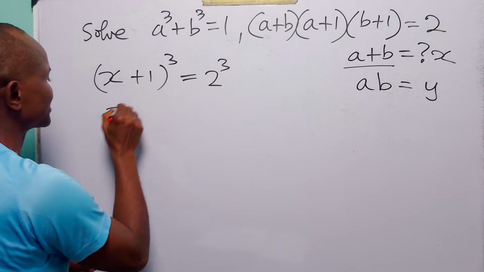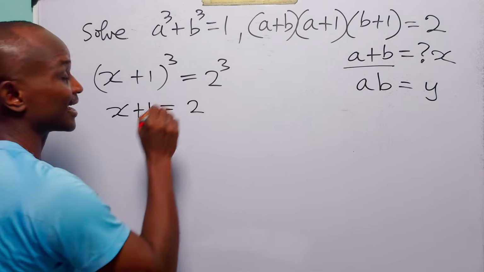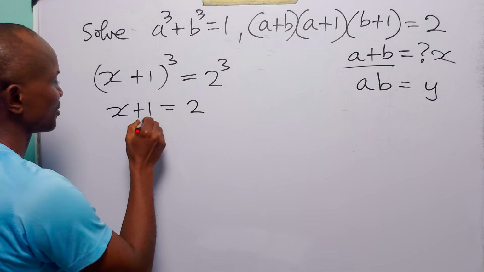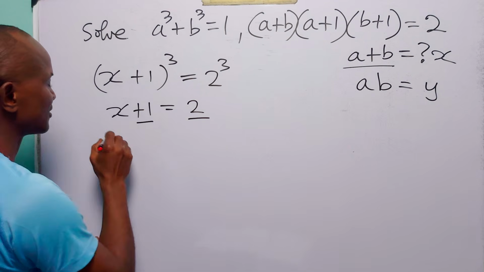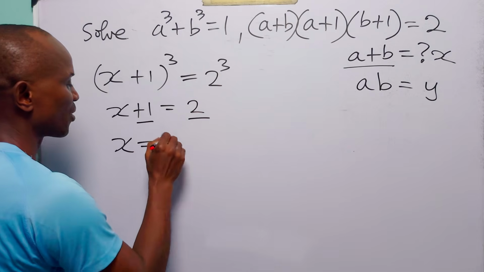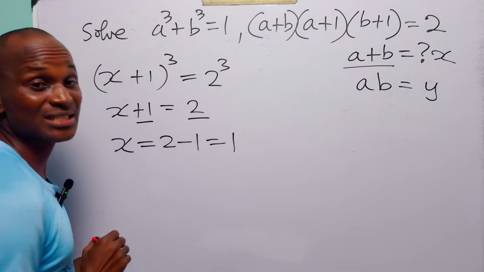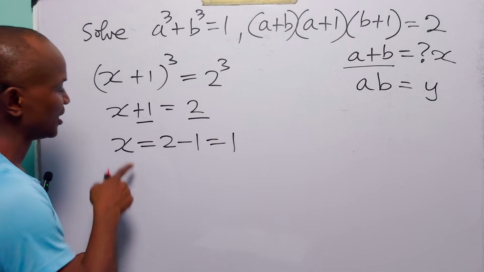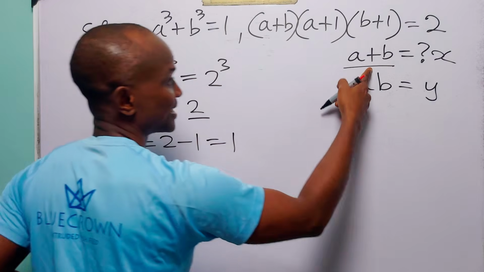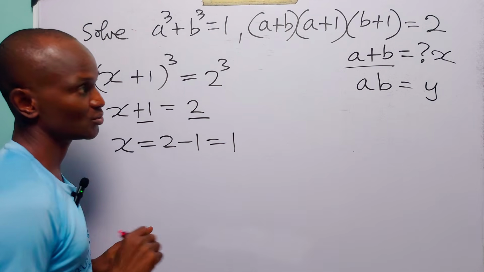When we do that, we have that x plus 1 is equal to 2. Subtracting 1 from both sides of this equation, we have that x is equal to 2 minus 1, which is equal to 1. So we have that x, which is a plus b, is equal to 1.